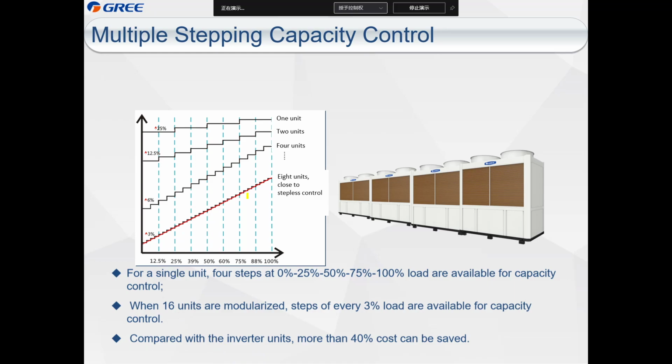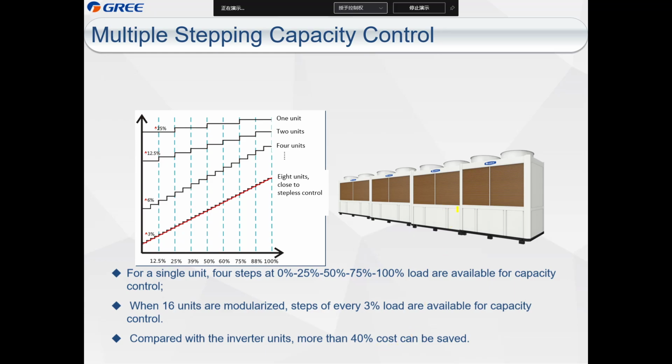And another is, compared with the inverter unit for D and E series, the cost is very low. More than 40% of the cost can be saved.